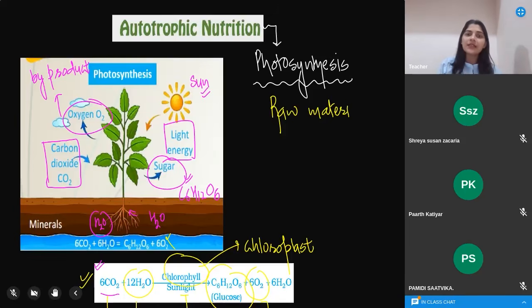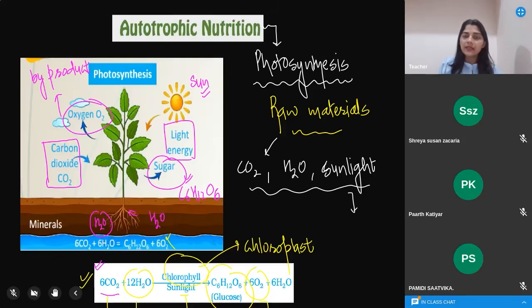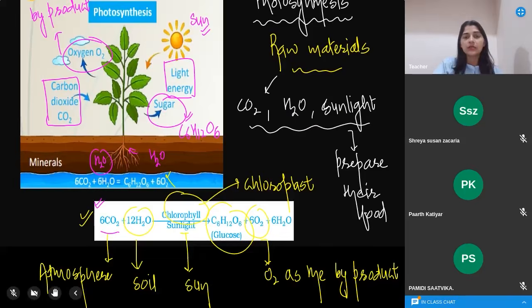By utilizing the raw materials, plants are preparing their food. So what raw materials do they use? They use CO2, water, sunlight. And by using these raw materials, the food preparation is done. They prepare their food. I'm coming to the light and dark reaction also.